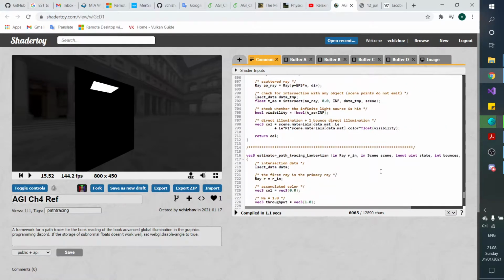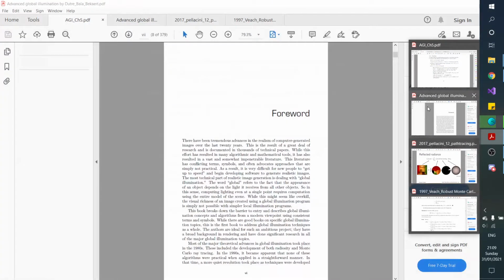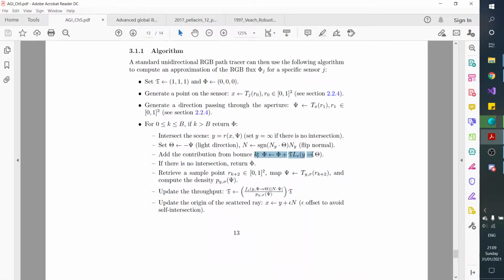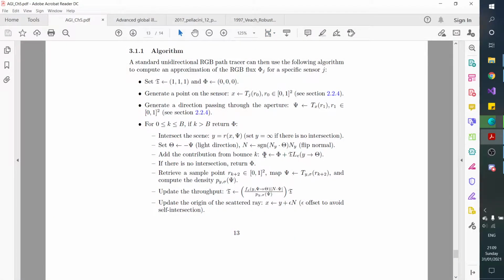So we have this in the code. The flux is the color. We are adding the throughput multiplied by some modulating factor, and here I sample a texture cube map to get the radiance. So this really corresponds to what you see here. And that's in the case that you intersected nothing.